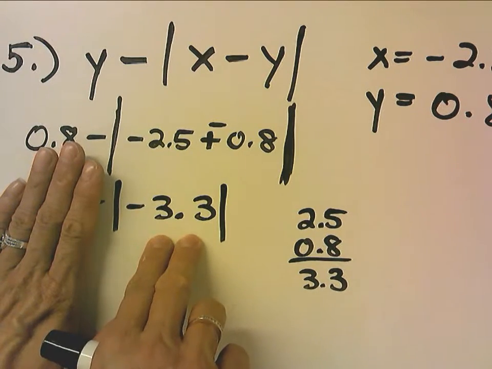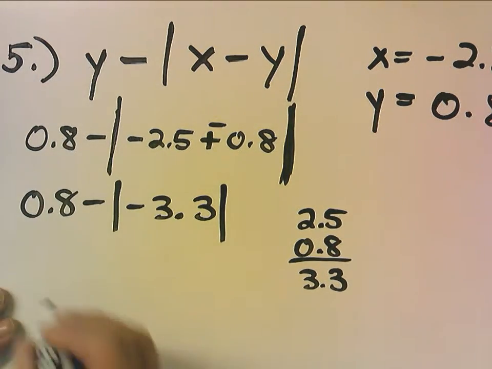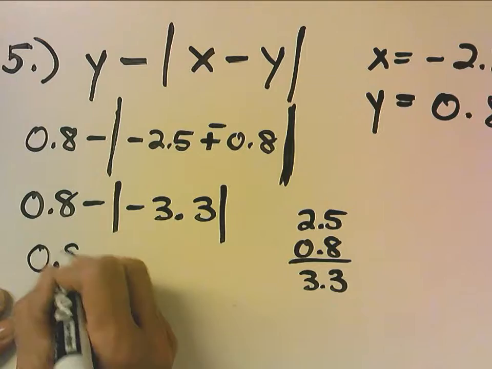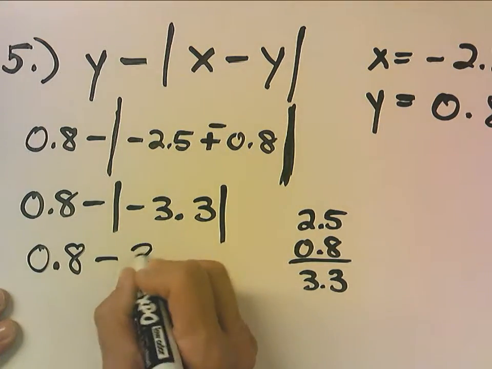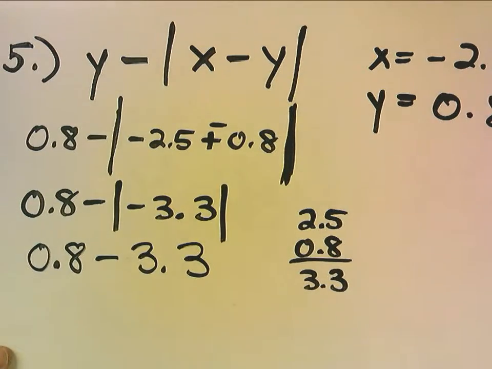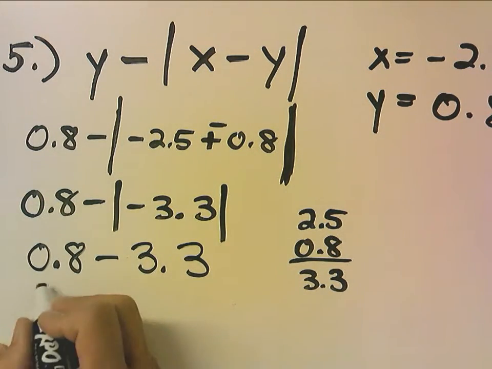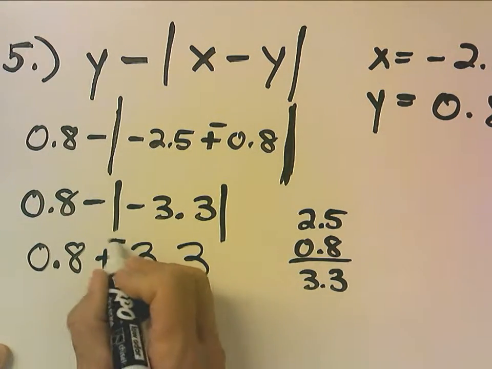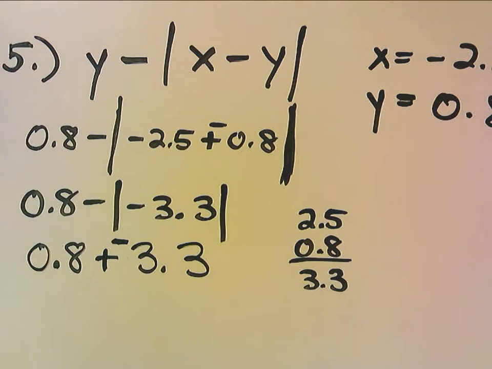The absolute value of 3.3 is 3.3. So now I do 0.8 minus 3.3. When I see subtraction, I change it: leave, change, opposite. So now I have a negative 3.3 that I'm adding to a 0.8.